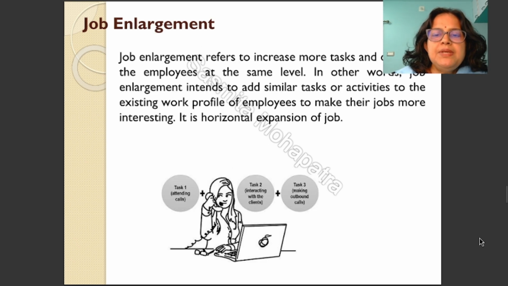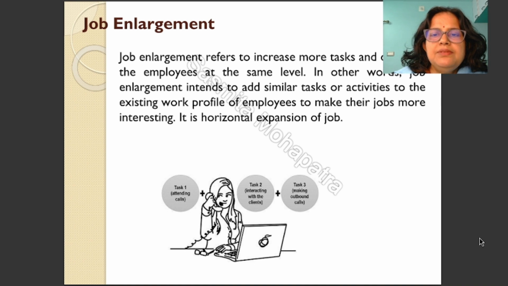Job enlargement is a horizontal expansion of the job. With the same job and the same work profile, the employee is loaded with different tasks and activities.